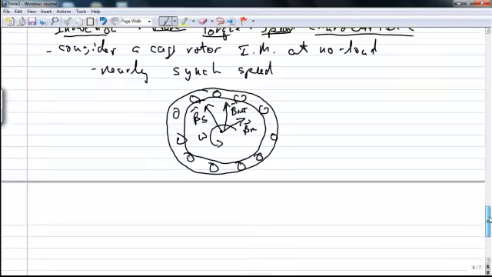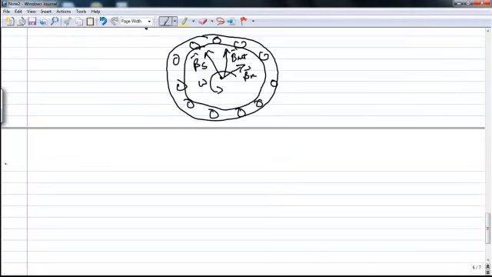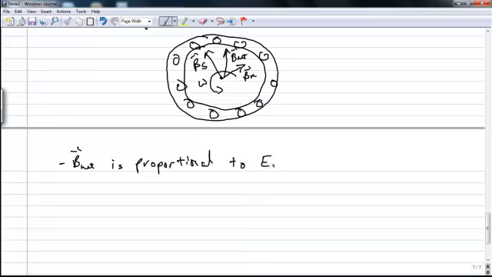Now, if we think about the values of the different variables at play here, if we think of the equivalent circuit, B net is going to be proportional to E1. So if we consider E1 to be constant, then the net magnetic field will also be constant.